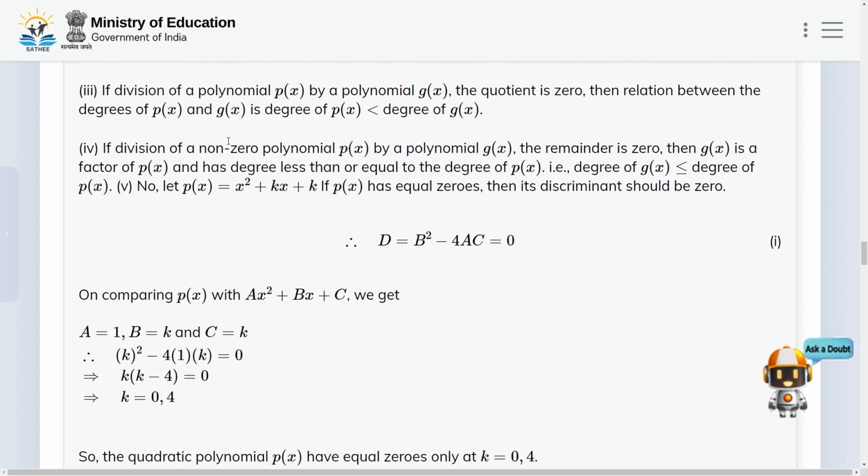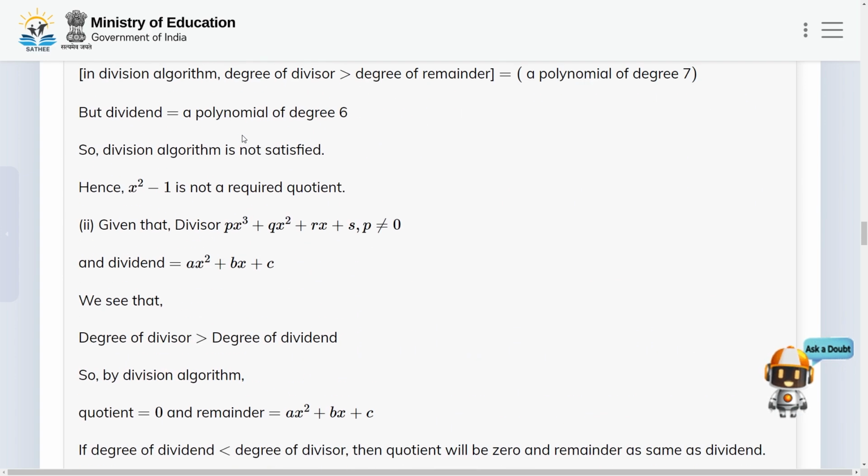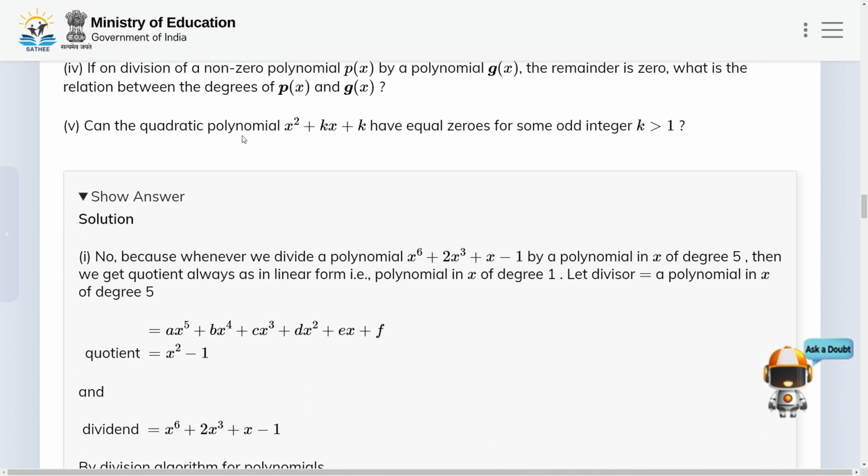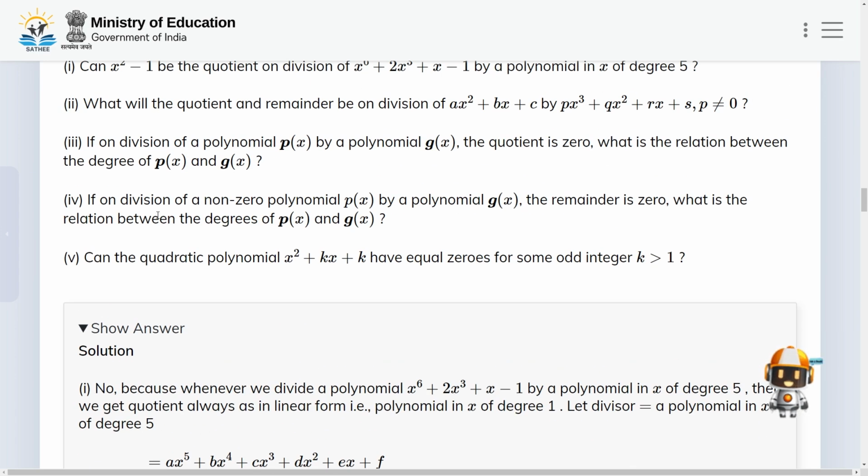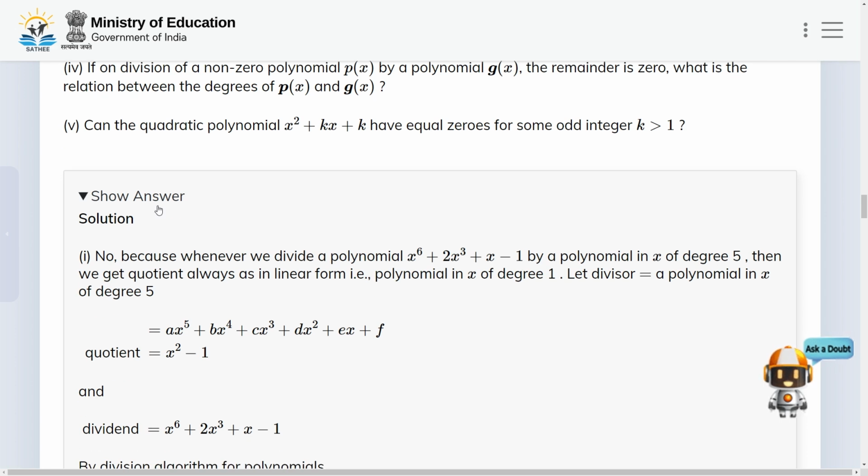So if on division of a polynomial p of x by a polynomial g of x the quotient is 0, then the relation between the degrees of p of x and g of x is: degree of p of x is less than degree of g of x. This is the relation between the degrees of p of x and g of x.